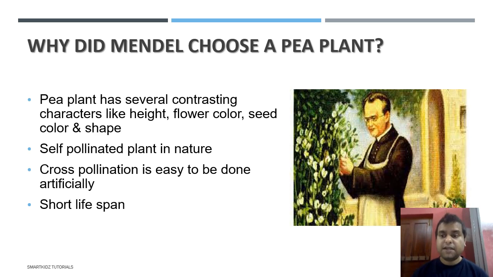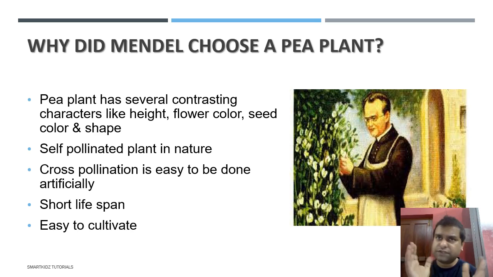Okay? Let's see what are the more characteristics. It was easy to cultivate, so easy to grow. It has to be easy to grow, meaning it should not require a particular temperature or a lot of care. Of course, care is required, but some plants are difficult to grow. They need so much fertilizer, and they need to be protected from insects, rodents, and so forth.